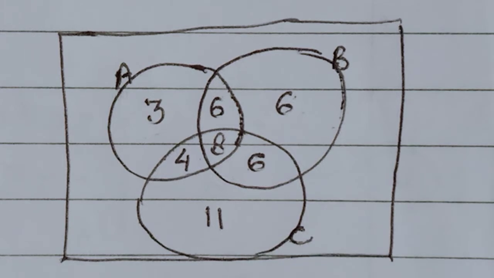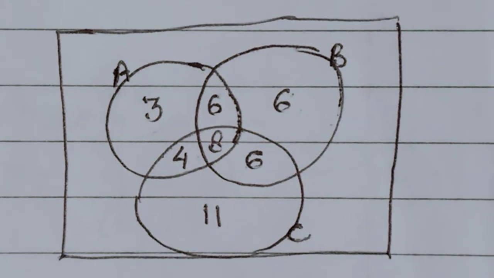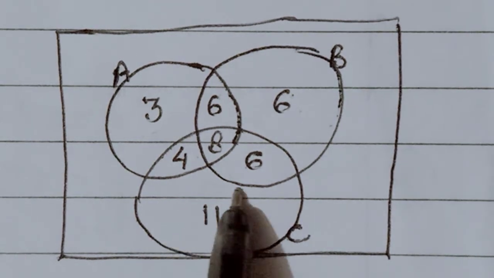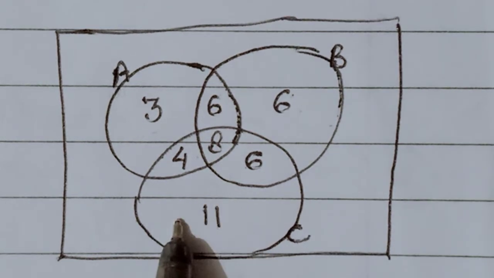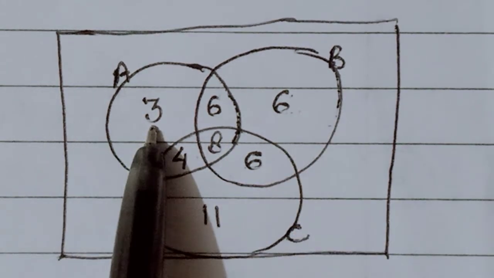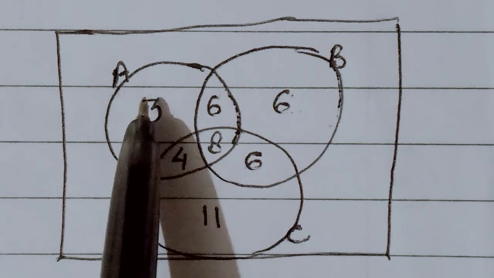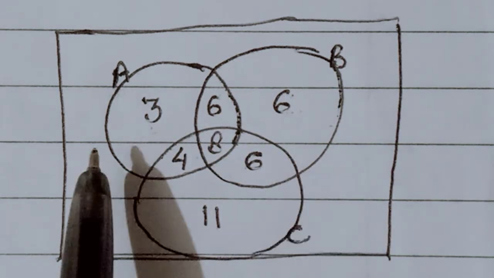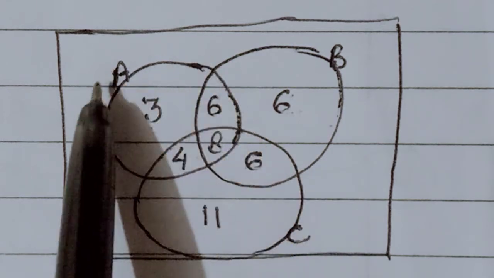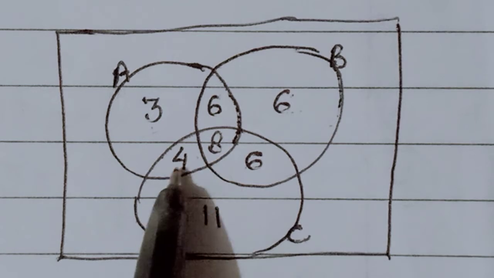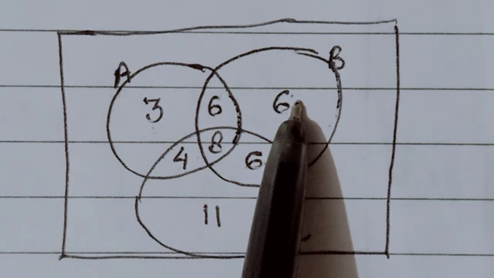Okay. And now likewise anything. In this particular question you were asked, I think, liking C only. So liking C only is 11. This portion is only C and nothing more. Liking B only, 6. Liking A only, 3. Liking A as well as B, what you will do is you will consider all these numbers, 3 plus 6 plus 8 plus 4 plus 6 plus 6.